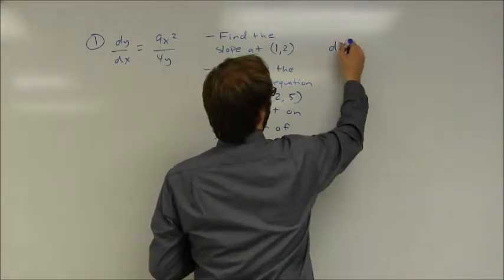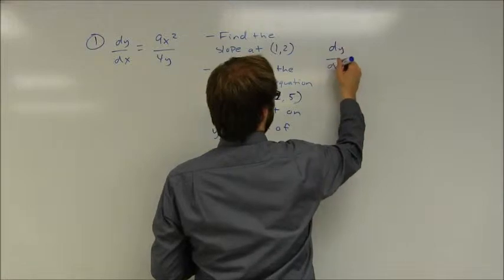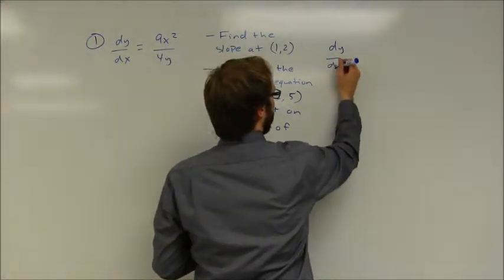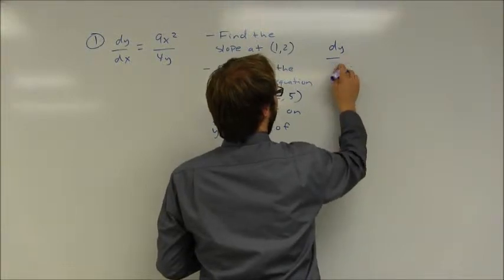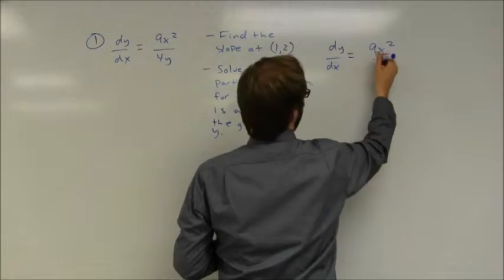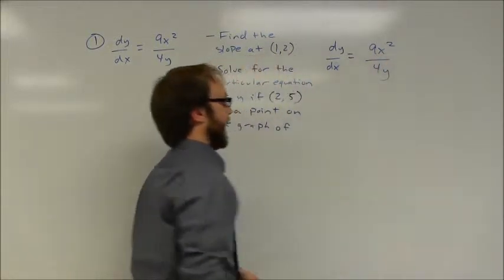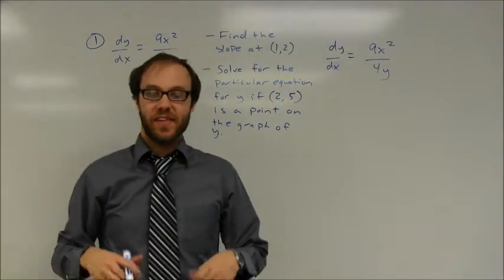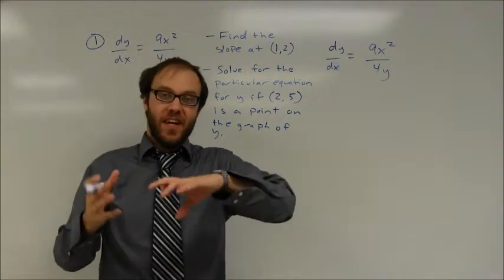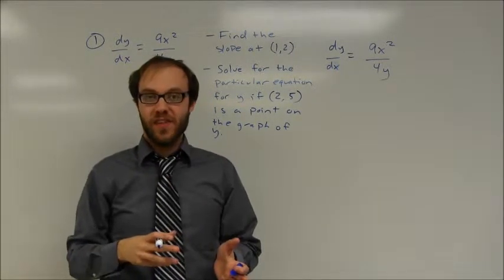So I have dy/dx equals 9x squared over 4y. And the first thing I need to do here is get the variables on the same side of the equation. But specifically, I need the y values on the side of the equation that has the dy.